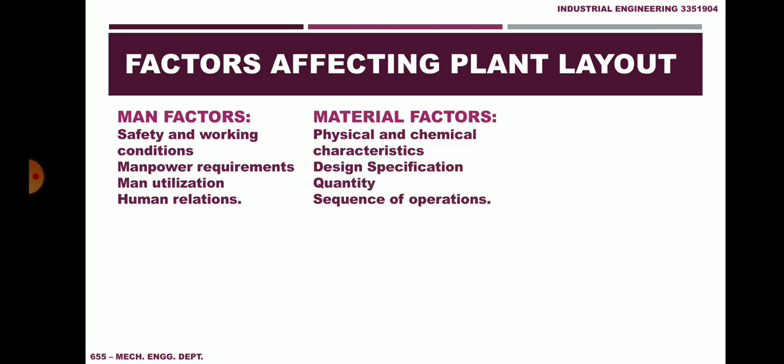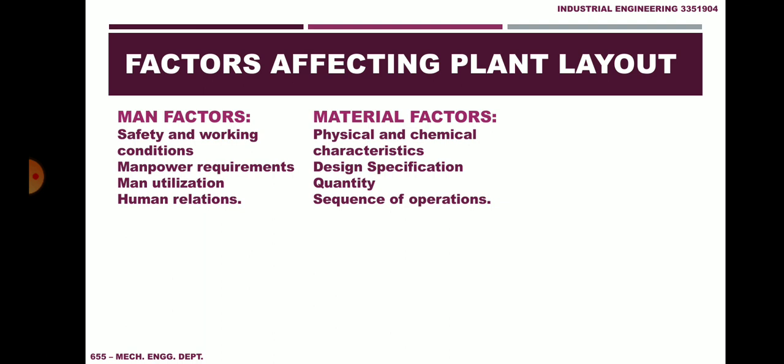The next one is material factor: physical and chemical characteristics. If the material is not proper, then we can't make a good product or a building or a structure. Design specification: with good material, we have a good design also.